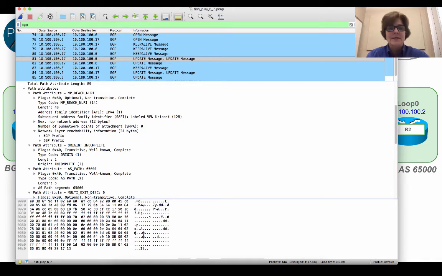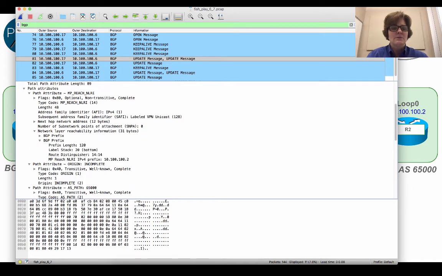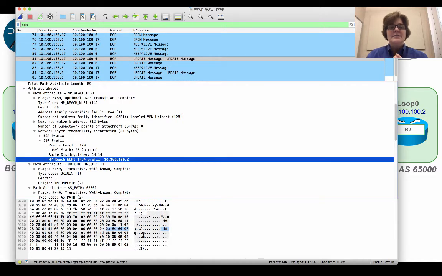So this is the network reachability. And what we see right here is that 10.100.100.17, which is Charlie17, is sending via BGP VPN v4 to Charlie6 that Charlie17 can reach 10.100.100.2.